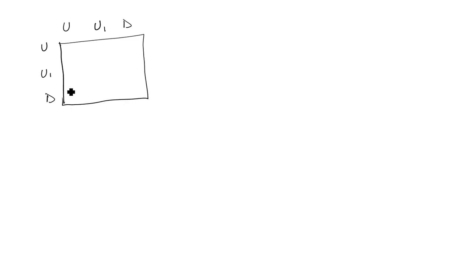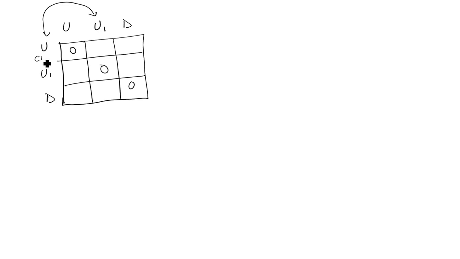So we are going to make another matrix, that is U, U1 and D. Now we have to calculate the distance from U to U1, meaning we are calculating CE to AB.